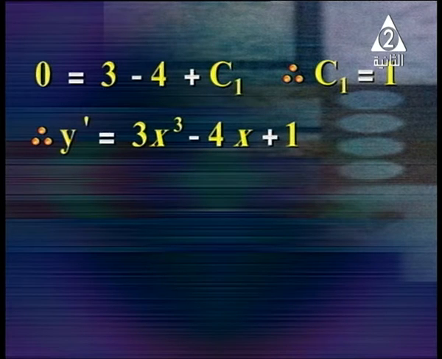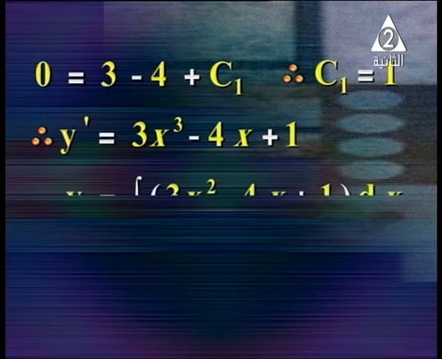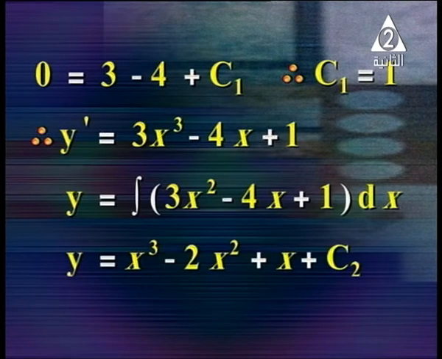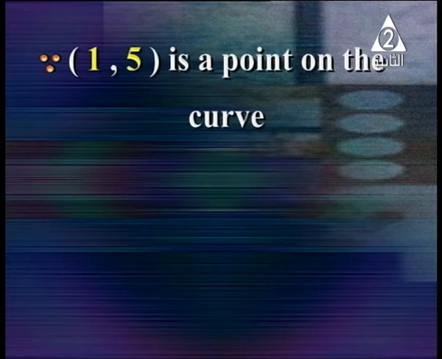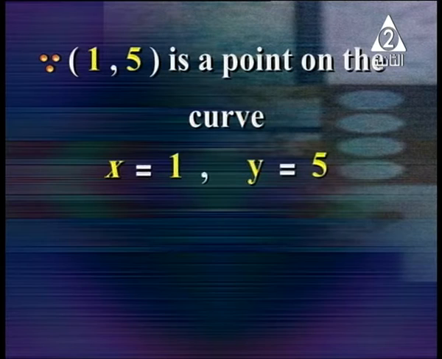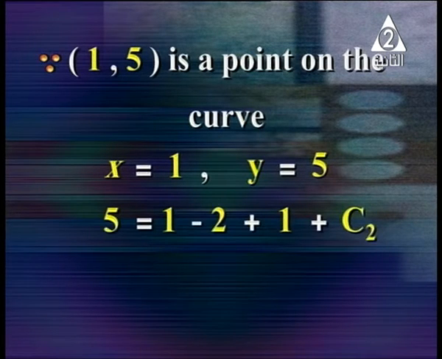After that, we integrate the left hand side and the right hand side to find the equation of the curve. The answer is y equals x cubed minus 2x squared plus x plus c. By using the point 1, 5 as a point on the curve, when x equals 1, y equals 5, we find the value of c.